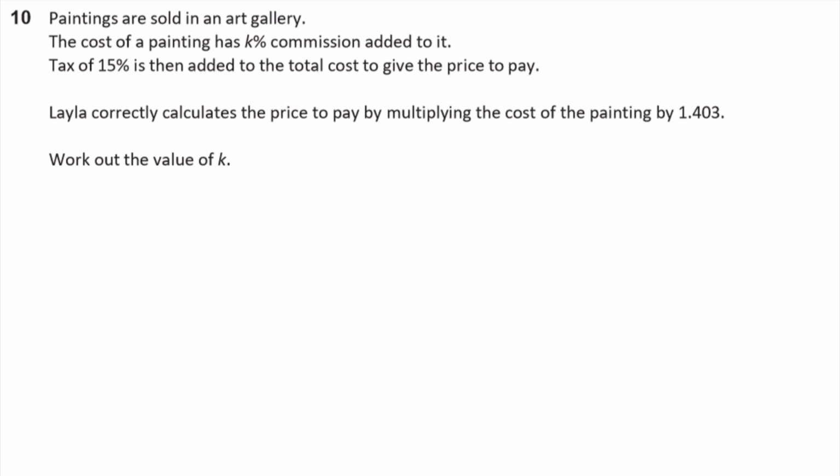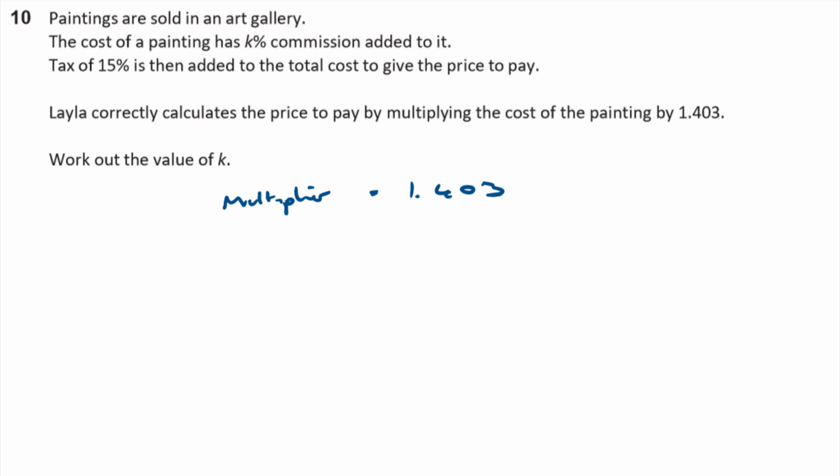Okay, so the multiplier we've been using here then is 1.403. Now this multiplier of 1.403 has got to be equivalent to the two percentages that the gallery is adding onto the painting.